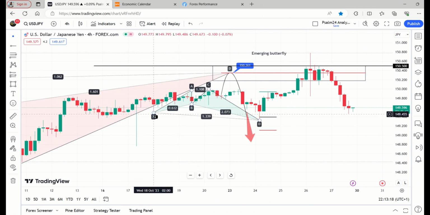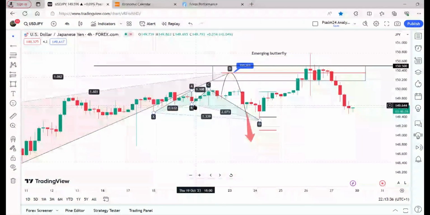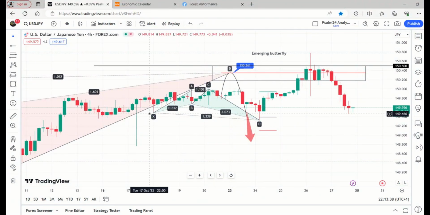So on an intraday basis we also spotted another. This is based on the parameters that we saw here. This is a crab. This is a crab.